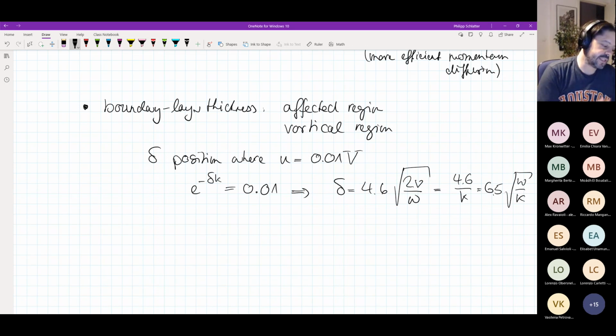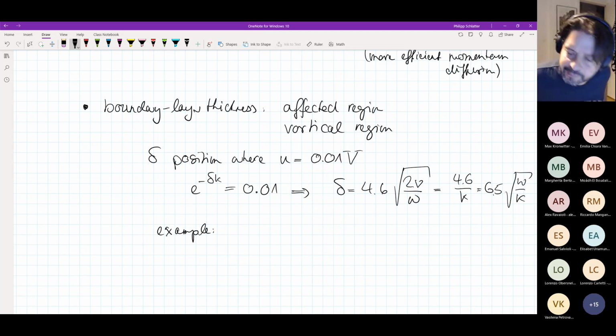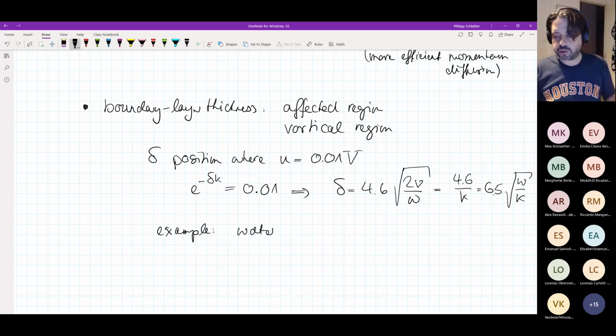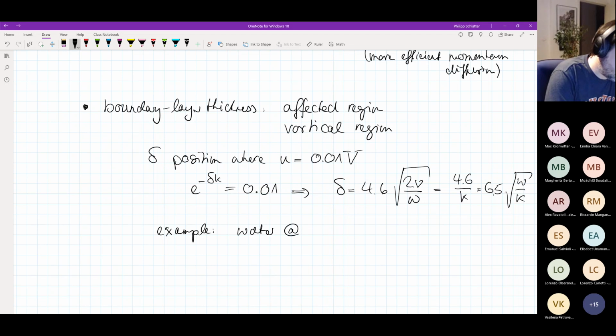Okay, so this is now the thickness of my boundary layer, and I just want to give you an example so that you have an idea of what types of thicknesses we're really talking about. Let's assume we are in water. So let's assume you're in a pool of water, and you move a wall with 1 hertz, so back and forth once every second.